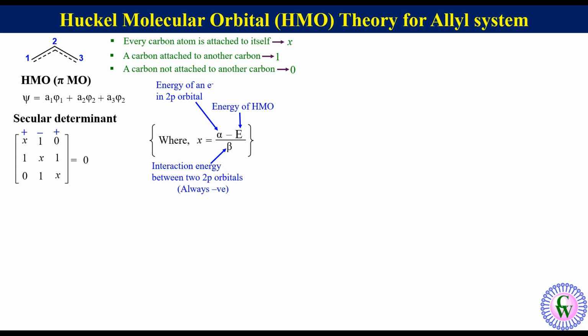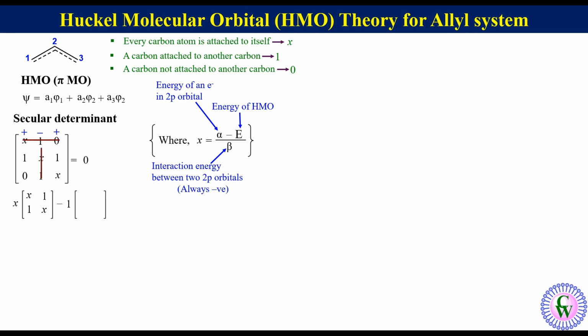Now let's break it into smaller matrices. For that, first write X and then multiply it with 2 into 2 matrix, which can be found by ignoring figures in front of X. So the 2 into 2 matrix will be X 1, 1 X. The second place is negative and there is 1, so put minus 1 here and multiply with a 2 into 2 matrix formed by ignoring figure in front of 1.